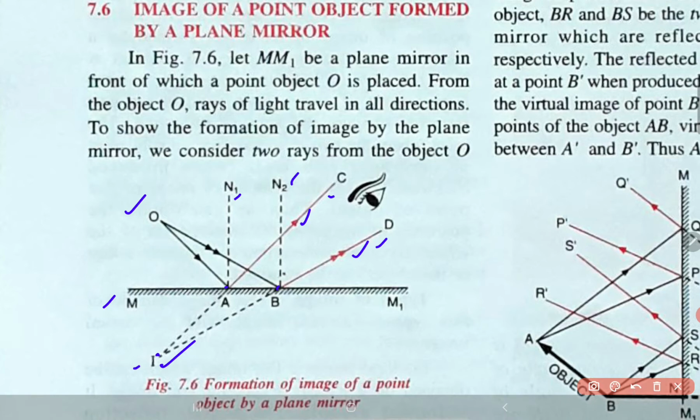So this is how the image of a point object is formed. But to draw this diagram perfectly, I'm about to play a small clip. Please watch that clip.